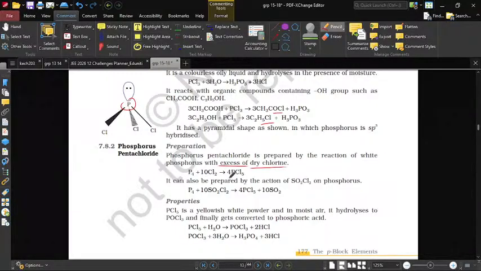P4 plus 10Cl2 gives 4PCl5. It can also be prepared by the action of SO2Cl2. Earlier it was SOCl2, now it will be SO2Cl2, so here also we put 10 and the same thing is formed.